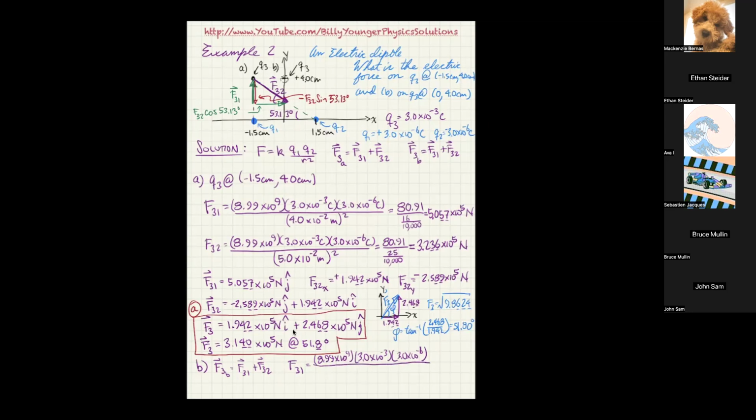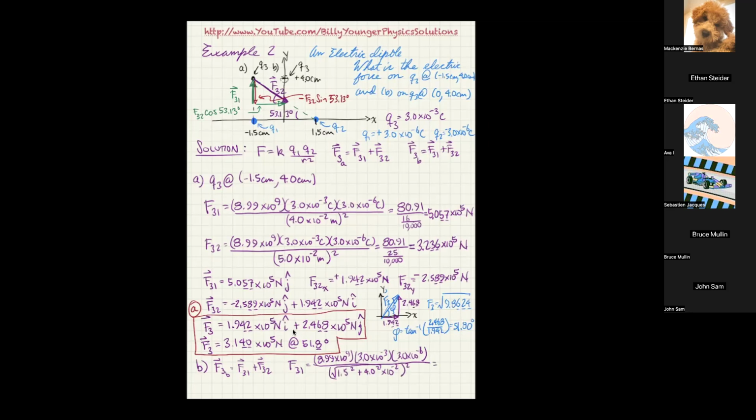The denominator is going to be the square root of 1.5 squared plus 4.0 squared, square root, times 10 to the negative 2. That makes it into meters. And then I'm going to square all that. We know the top is going to give us 80.91 because it's the same thing as we did before.